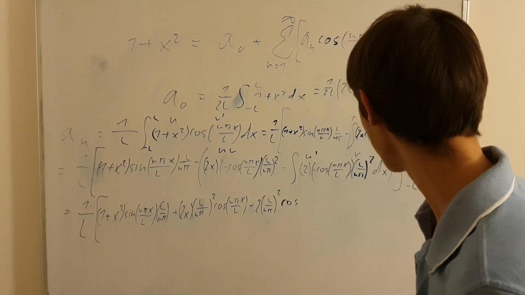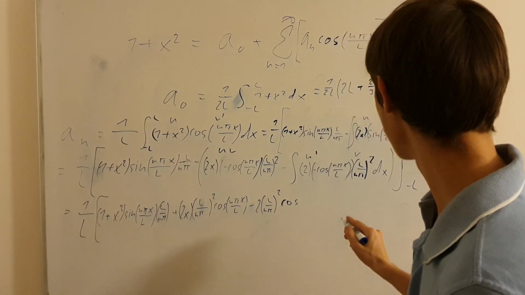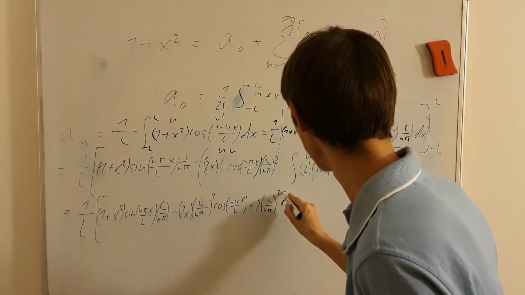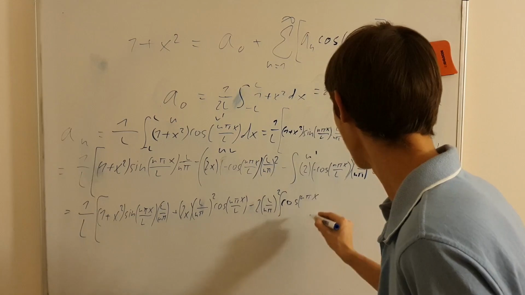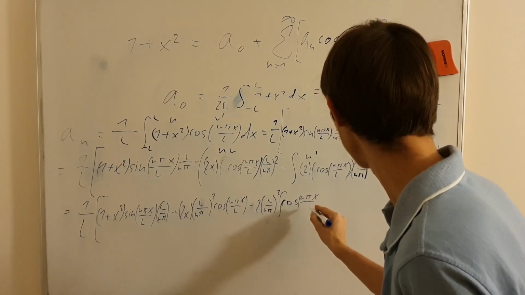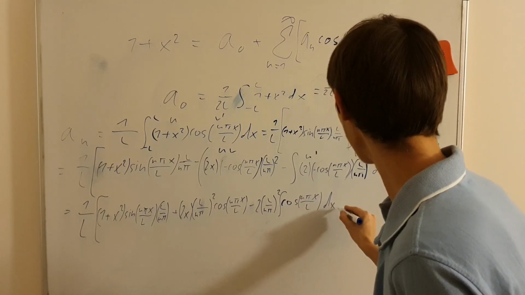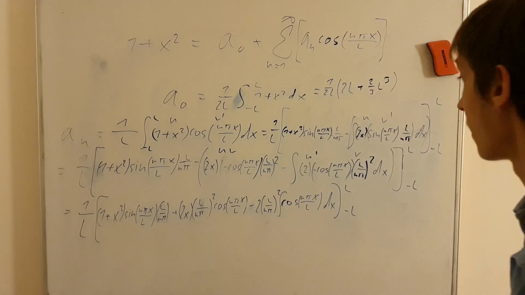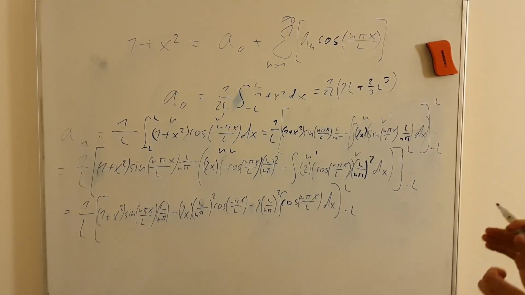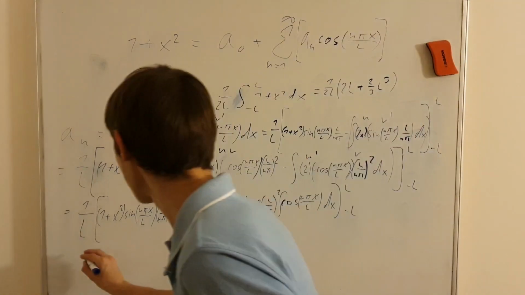Minus 2 times L over n pi, all that squared, then times the integral of the cosine of n pi x over L dx, so there will be L over n pi to the third soon, and all of that gets evaluated from minus L to L, and finally, hopefully, everything will end up correct.